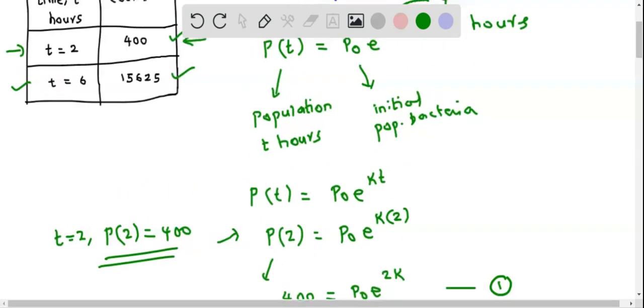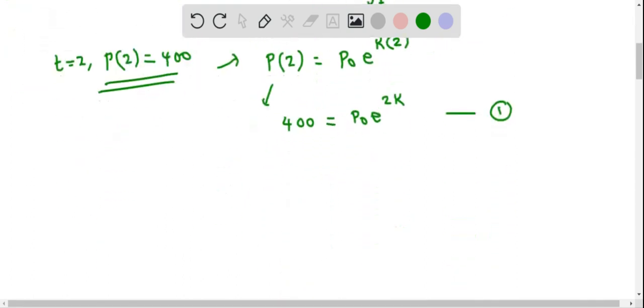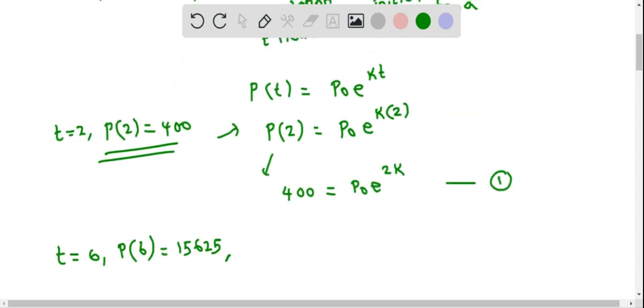Now I'm going to use the second information, in the second row. That is, when t equals 6, the population is 15,625. So when t equals 6, the population, represented as P of 6, equals 15,625. Once again, we plug this information into the population model.